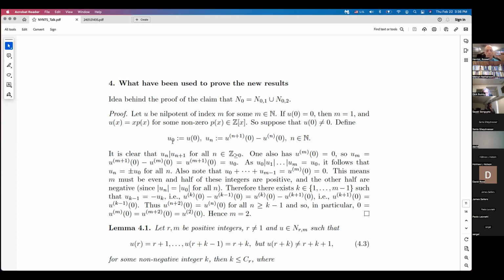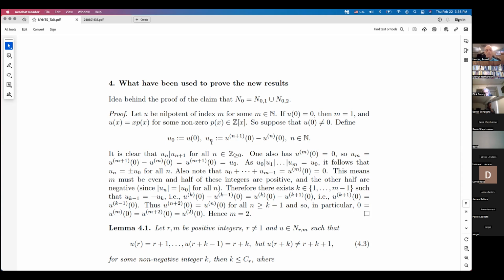Otherwise, you define these u sub i's in this way. So u sub 0 is just U at 0, and u sub n is going to be these differences: the (n plus 1)th iteration of U at 0 minus the nth iteration of U at 0.